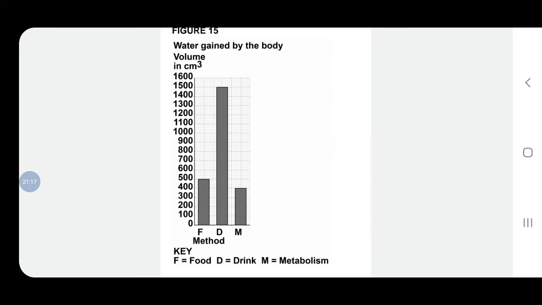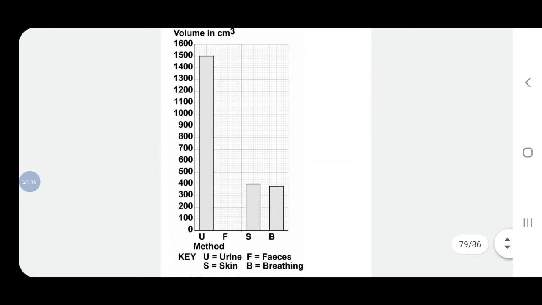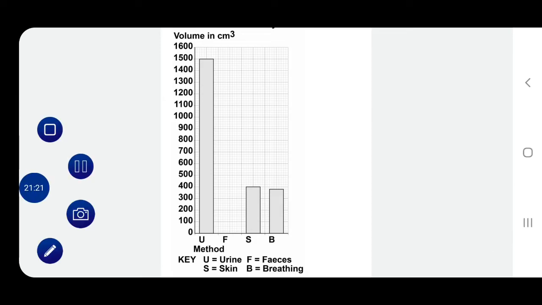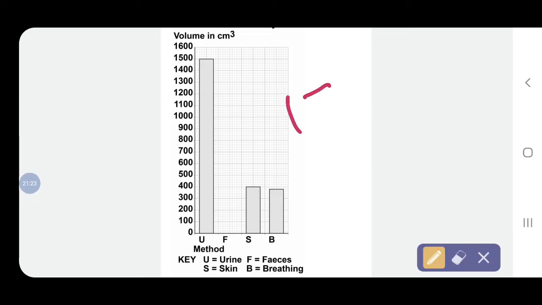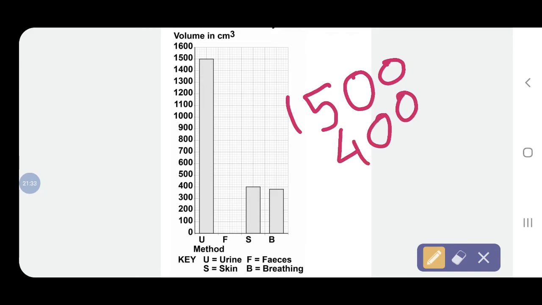And so let's see here what happened here. So we'll add again here 1500 cubic centimeters, then here 400, and this is not a 300, this line.